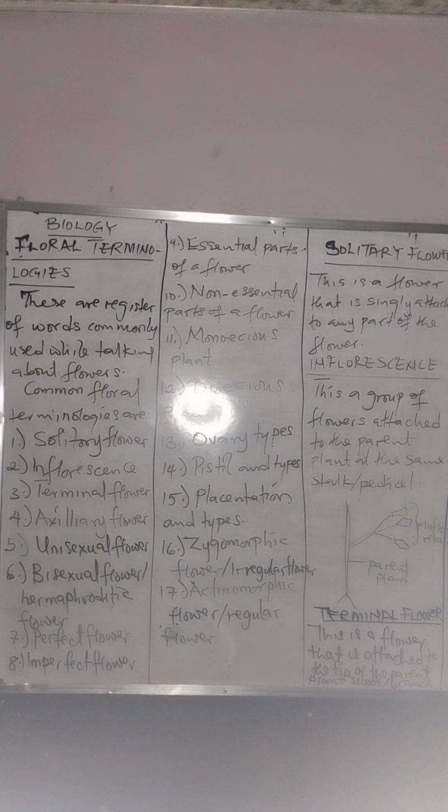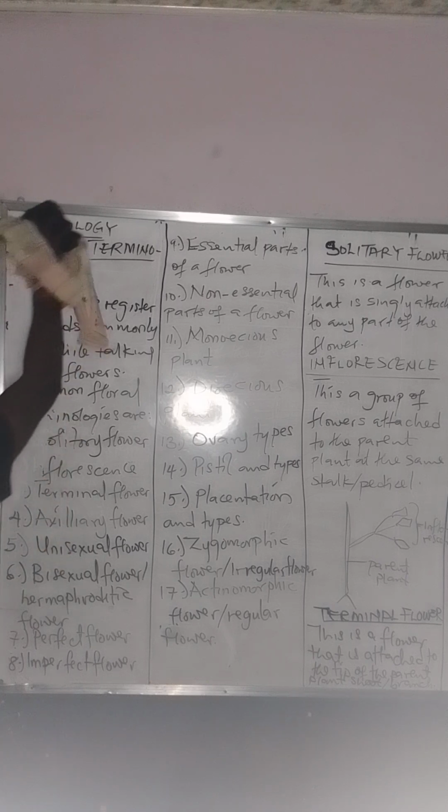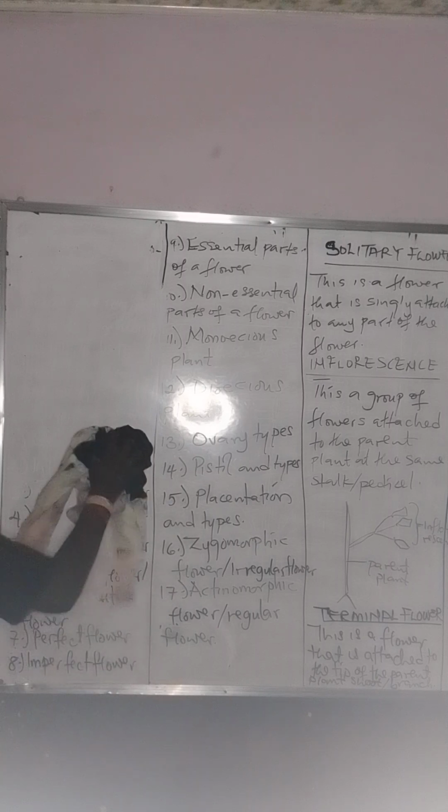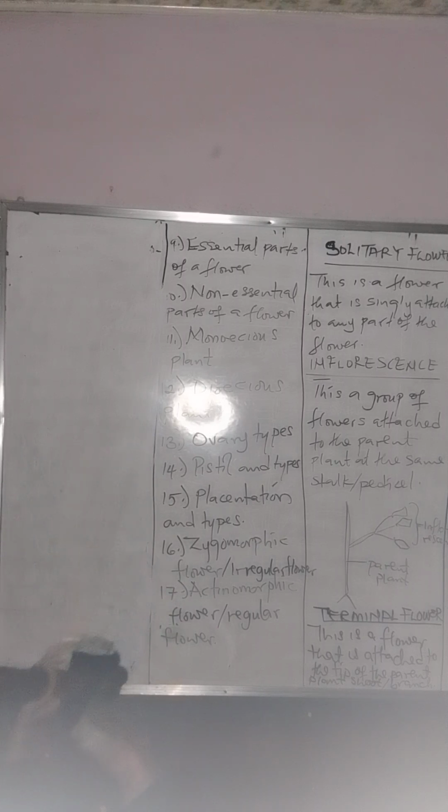It may be singly attached or an inflorescence, but they are located at the tip of the plant, the shoot or the branch. They are called terminal flowers because they terminate that particular part of the parent plant.